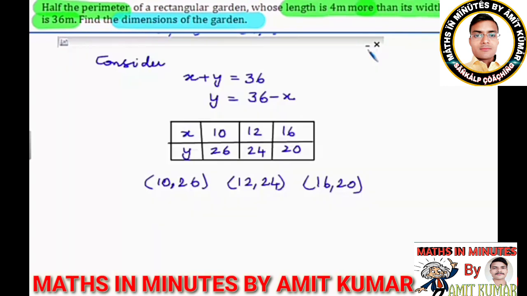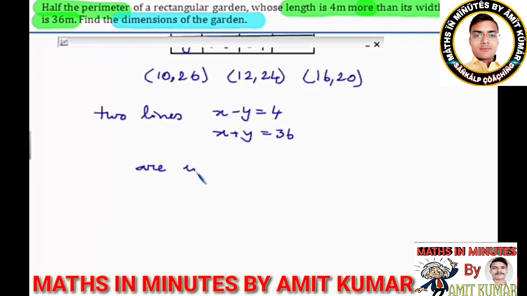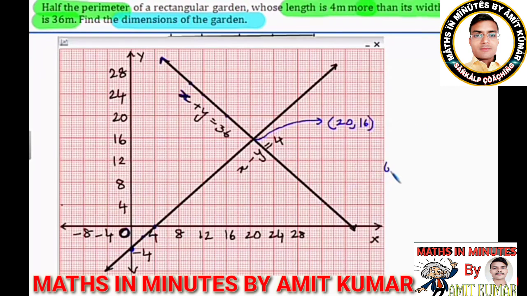Then we can say that value of x is 20 and value of y is 16. So we considered x the length, so the length is 20 meter and the breadth is 16 meter.